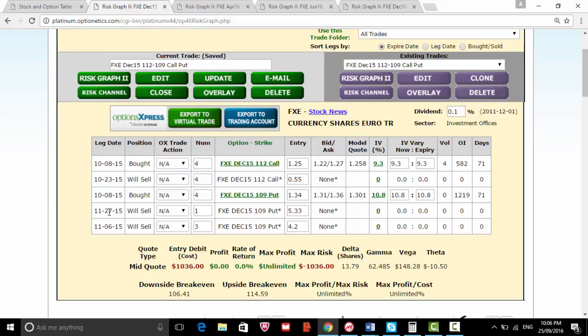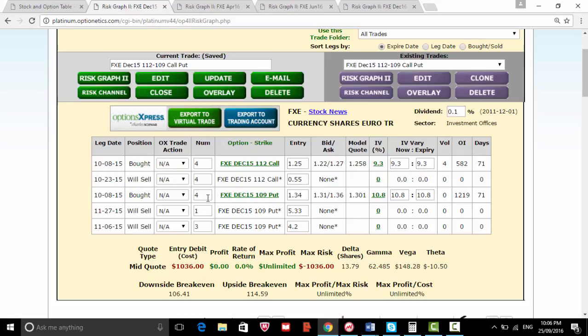So to understand how this strategy works, what I've done here is I've bought the 112 call for $125, and I've bought the 109 put for $434 on this date, which was the 8th of October. Now, if I bought one each of those, it was around $250.